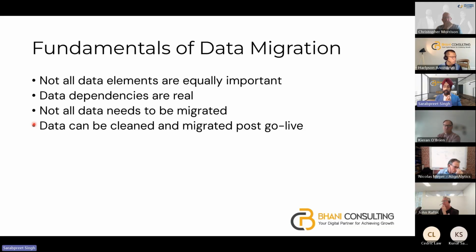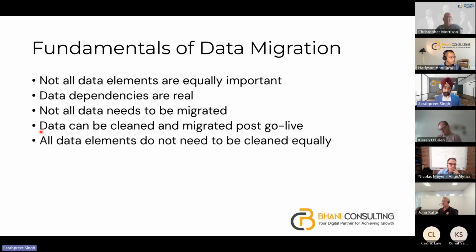The key message is everything doesn't have to be done at any given point in time. Data migration follows a sequence, it follows dependencies, and not everything is equally important. And we'll quickly cover the keywords following these fundamentals.